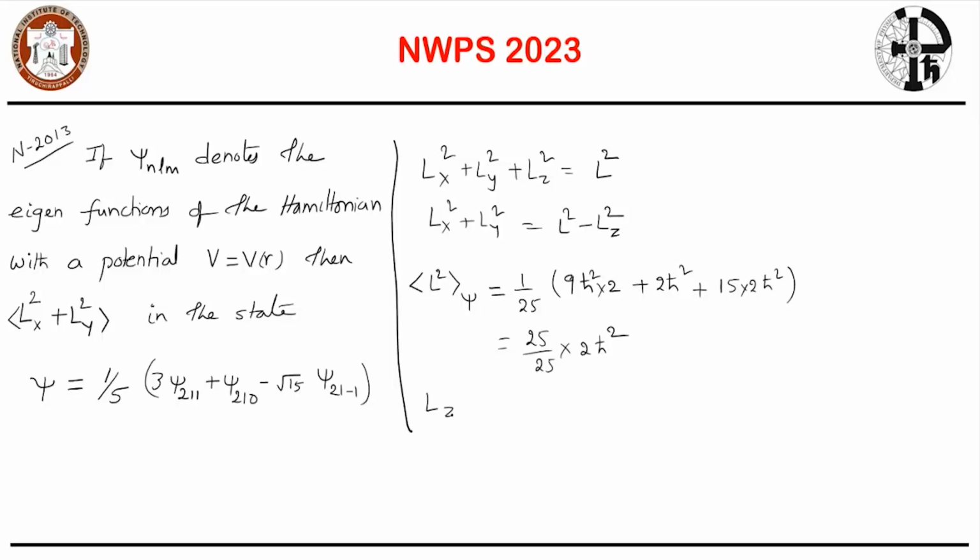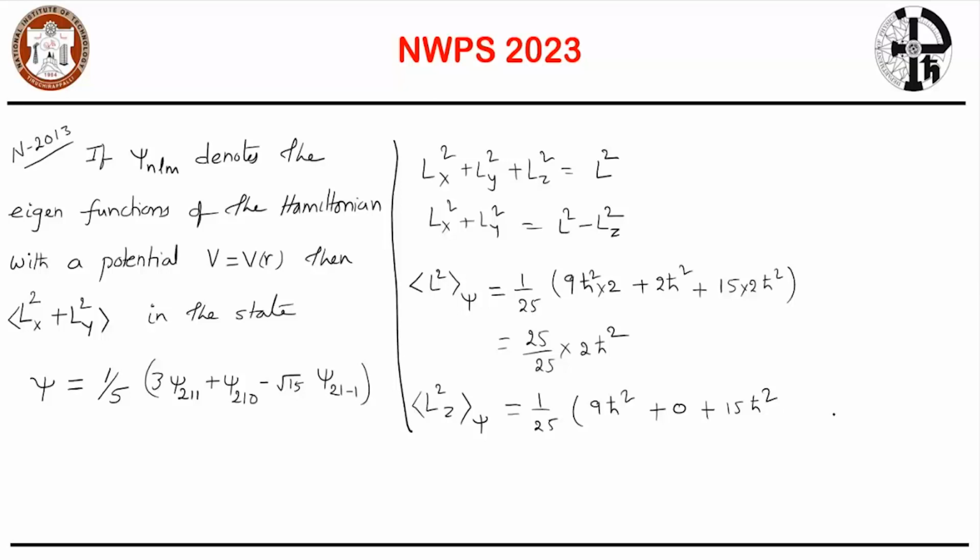Lz square, that you can also figure out. It's easy. Let me do Lz square. 1/25. 3 times 3 is 9. You have to square 1, so this is 9 plus 0 plus 15 h cross square, because it's Lz square.